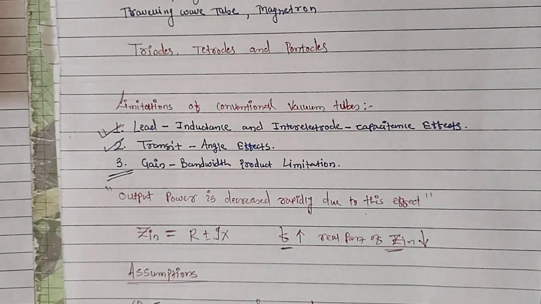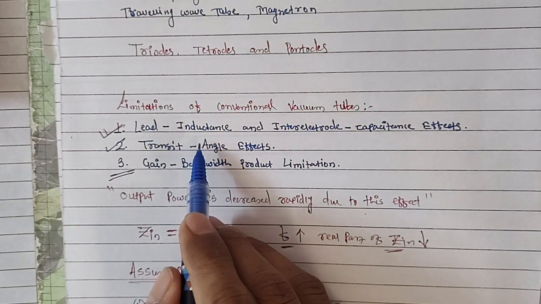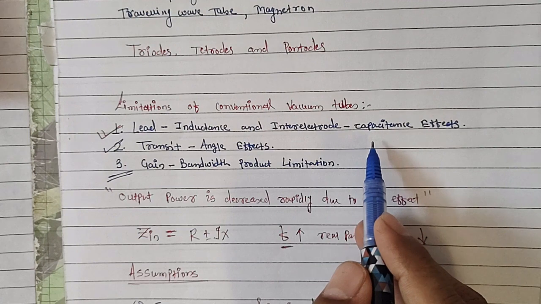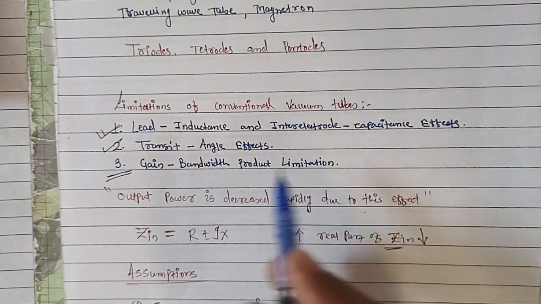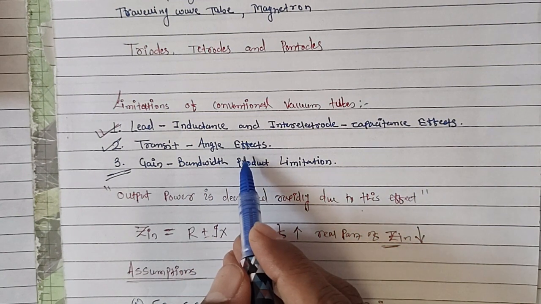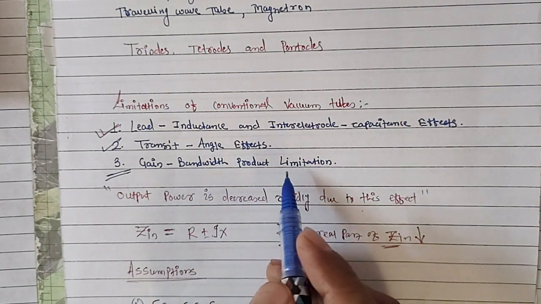Now finally, since the last two videos we are trying to understand the limitations of conventional vacuum tubes, so let us summarize them. Lead inductance and interelectrode capacitance effects. Then we have transit angle effect and gain bandwidth product limitation.